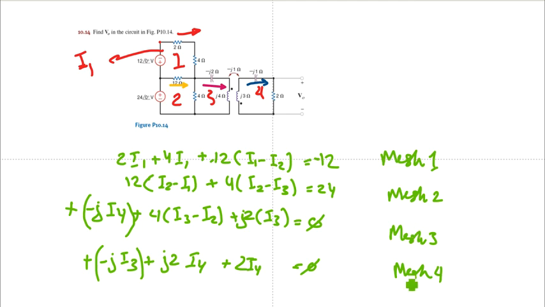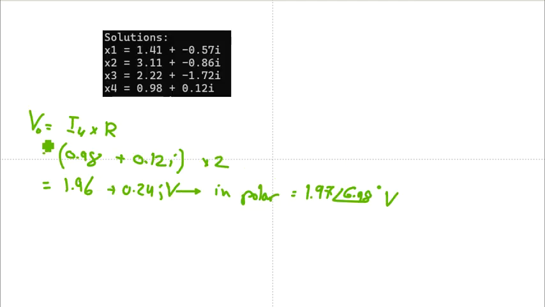So we have 4 meshes now, as you can see. We have 4 unknowns, so it's solvable, but it's going to be really difficult. So in order to avoid making mistakes, I wrote a script that spelled out the solution for us. We care about I4, which is X4 in this case, which is 0.98 plus 0.12i amperes.